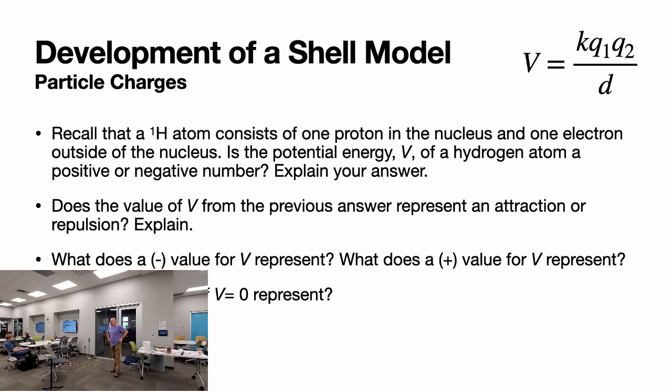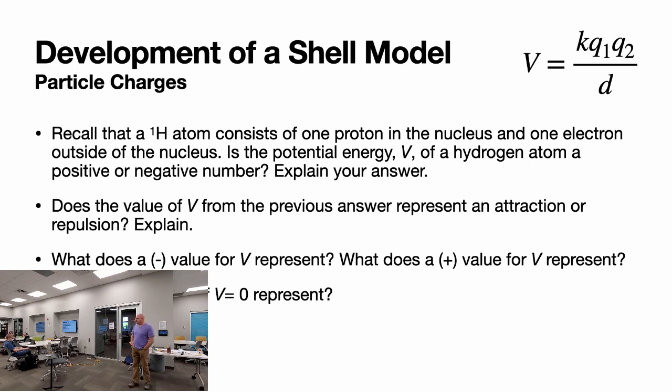Okay, recall that a hydrogen 1 atom consists of 1 proton in the nucleus and 1 electron outside of the nucleus. Remember what that superscript 1 means? Somebody tell me? Rupesh? Atomic number. No, mass number. Mass number is what?